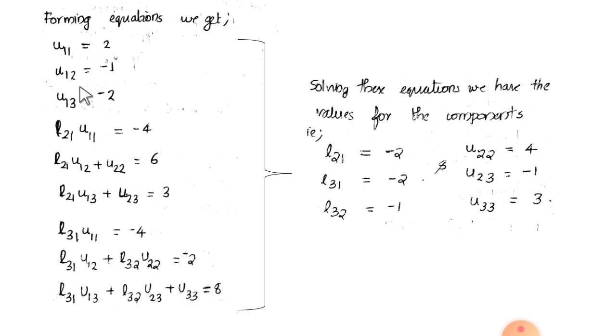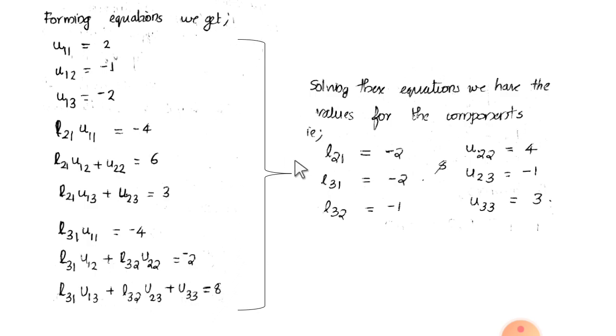So you will get U11 equal to 2, U12 equal to -1, U13 equal to -2, L21 U11 equal to -4, L21 U12 plus U22 equal to 6, L21 U13 plus U23 equal to 3, L31 U11 equal to -4, L31 U12 plus L32 U22 equal to -2, then L31 U13 plus L32 U23 plus U33 equal to 8.